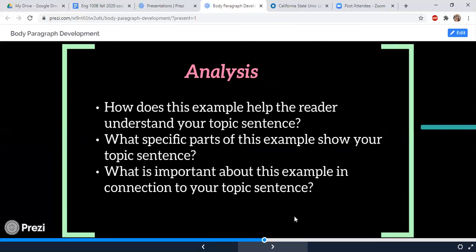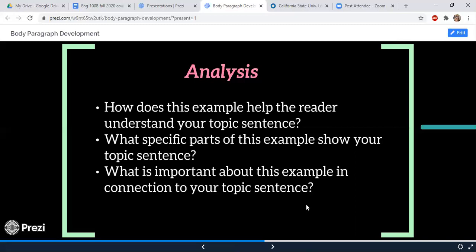And then lastly, you should look at what is important about this example. So if this is a personal example that you're giving, what's important about this experience that you've had? What were the major takeaways or insights for you, and how does this connect to your topic sentence? If it's a direct quote or you're paraphrasing something, consider what is the most important thing about this quote.